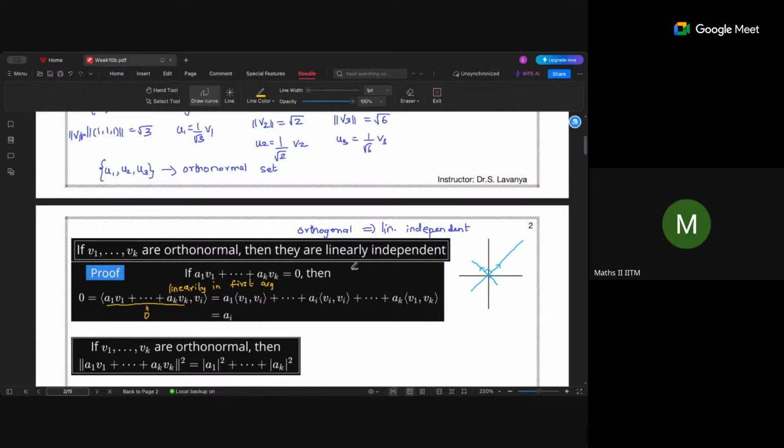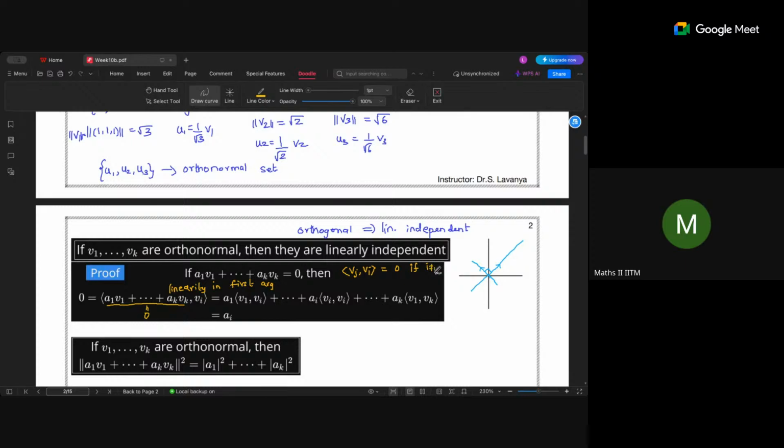And what do you know? You know that inner product vj comma vi is equal to 0 if, can you say what is the condition? If i is not equal to j, exactly.